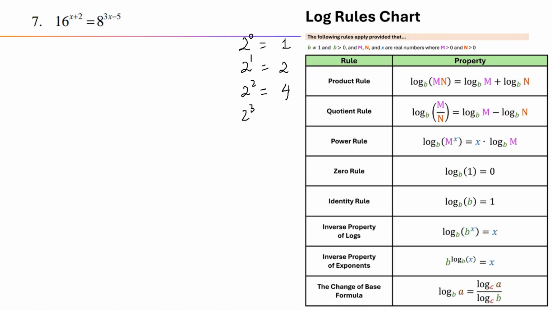So 2 to the power of 3 is 8, 2 to the power of 4 is 16, 2 to the power of 5 is 32, 2 to the power of 6 is 64, and so on. And we should know up to 2 to the power of 10.